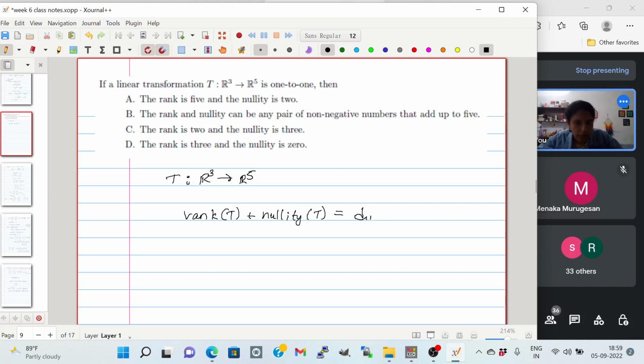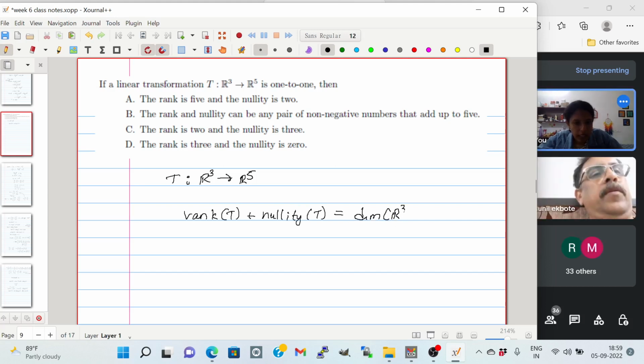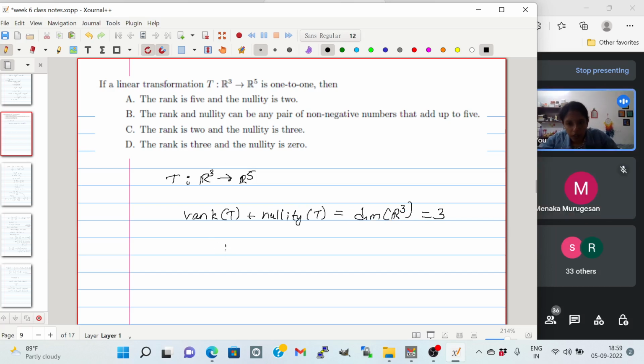Dimension of R3. What is the dimension of R3? 3. Right. So we got rank T plus nullity of T should be equal to 3. This is true for any map T.